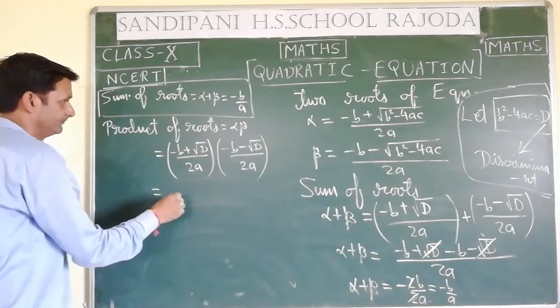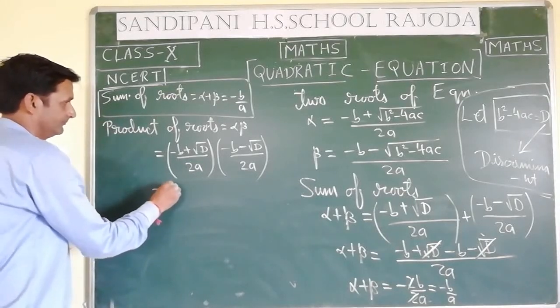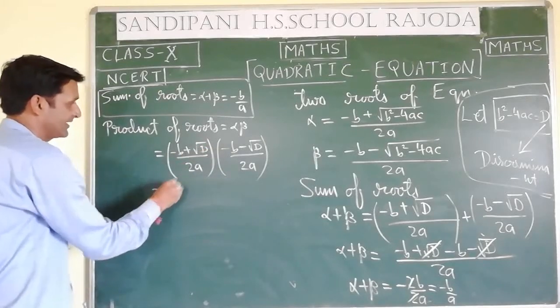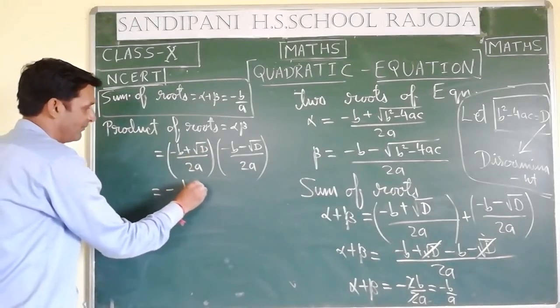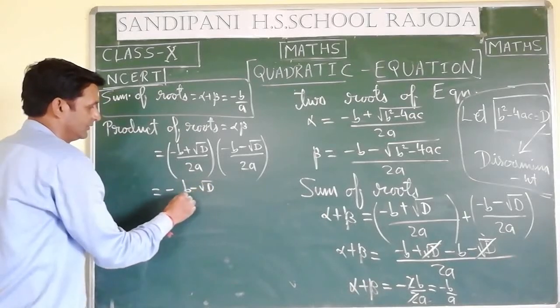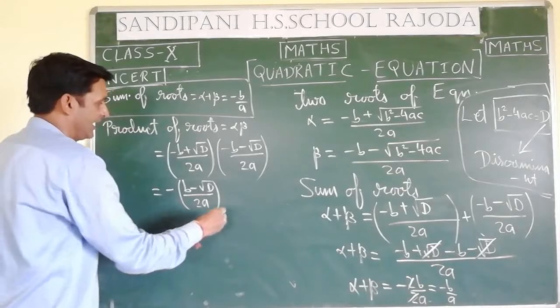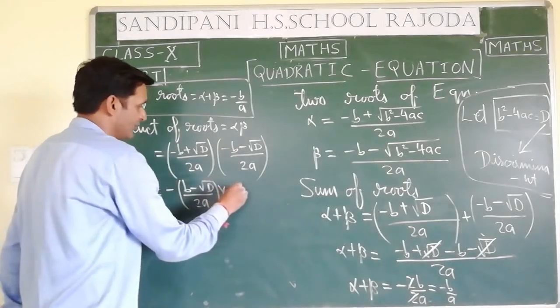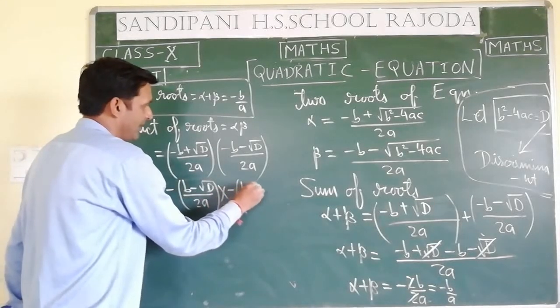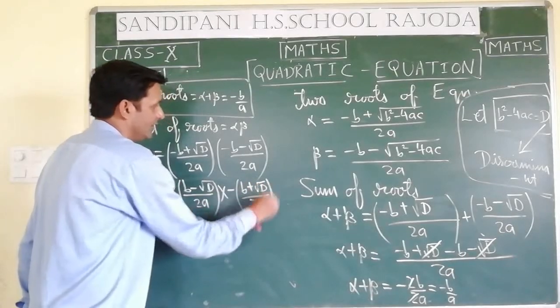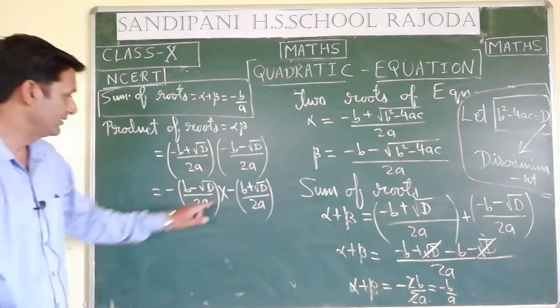So if we take the minus sign common from here, then it will be b minus root D upon 2a. And if I take the minus sign common from here also, then it will be b plus root D upon 2a. The minus sign is taken common.